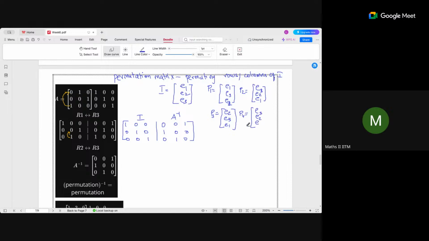That's what I've written. Have I left any other options? Is everything done? All permutations? 1, 2, 3. Anything can be in E1, E2 or E3. Yes. So E1, E2, E3, and P5. So E3, E1, E2. Anything else left?